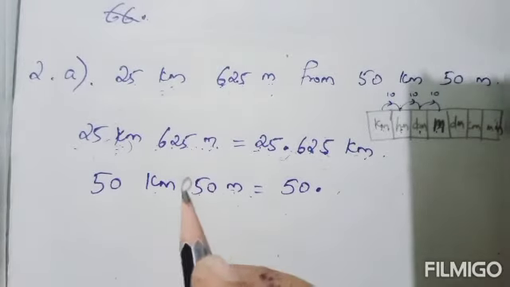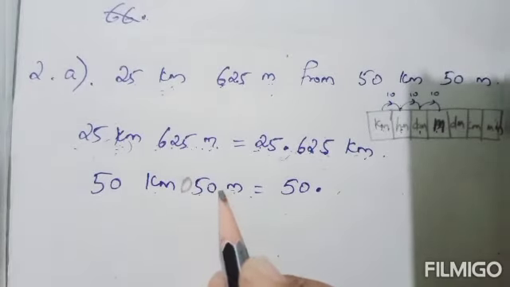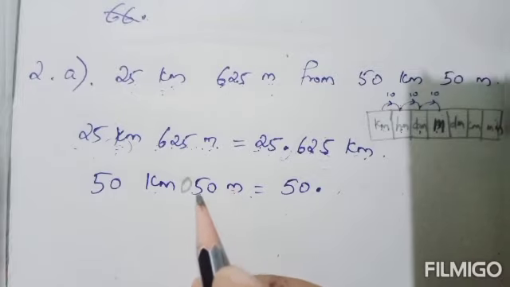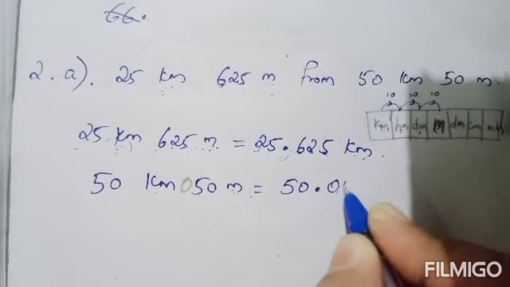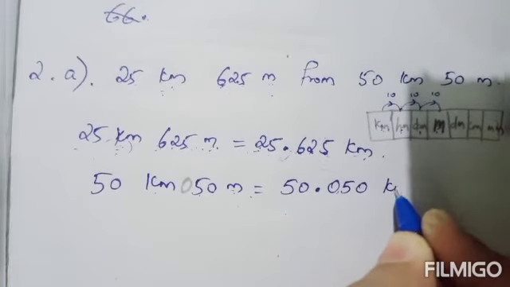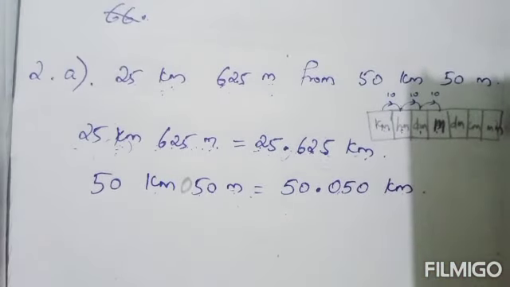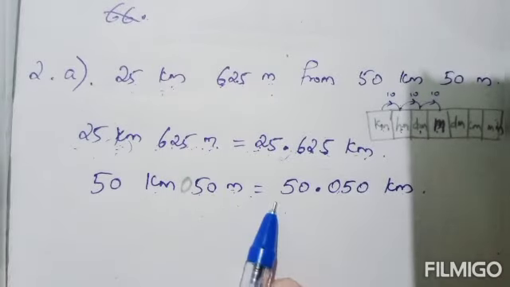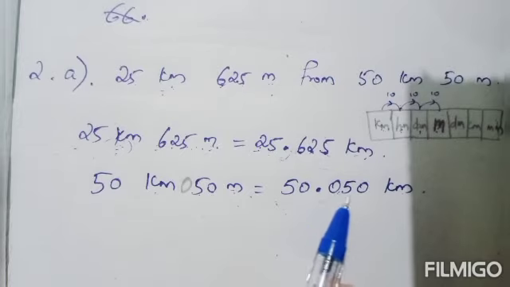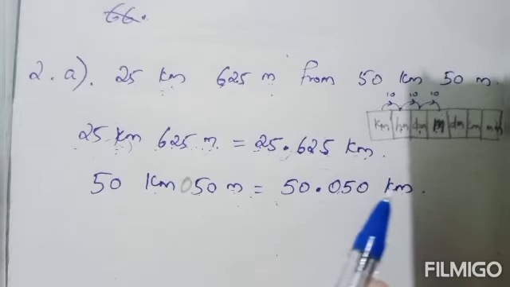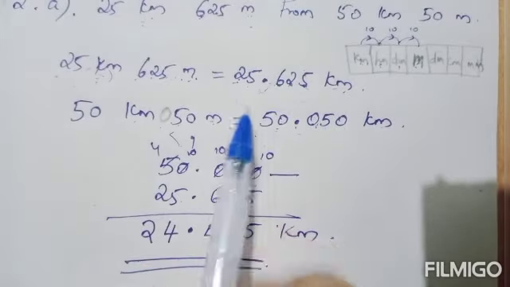Okay, before you have to put 0. Don't put 0 after. Okay, before this 50 you can put 0. So 50.050 kilometer it is. Okay, so in decimal notation 50 kilometer, 50 meter will be 50.050 kilometer.